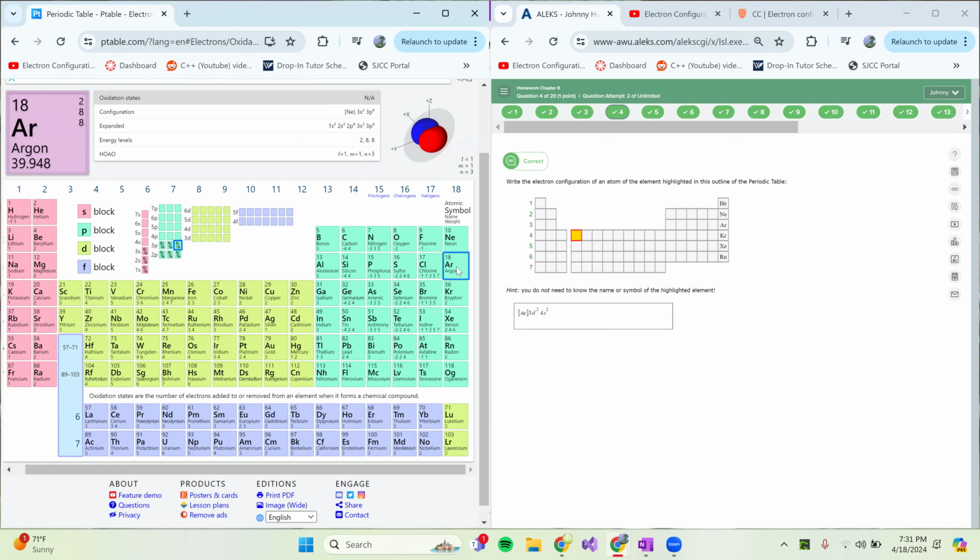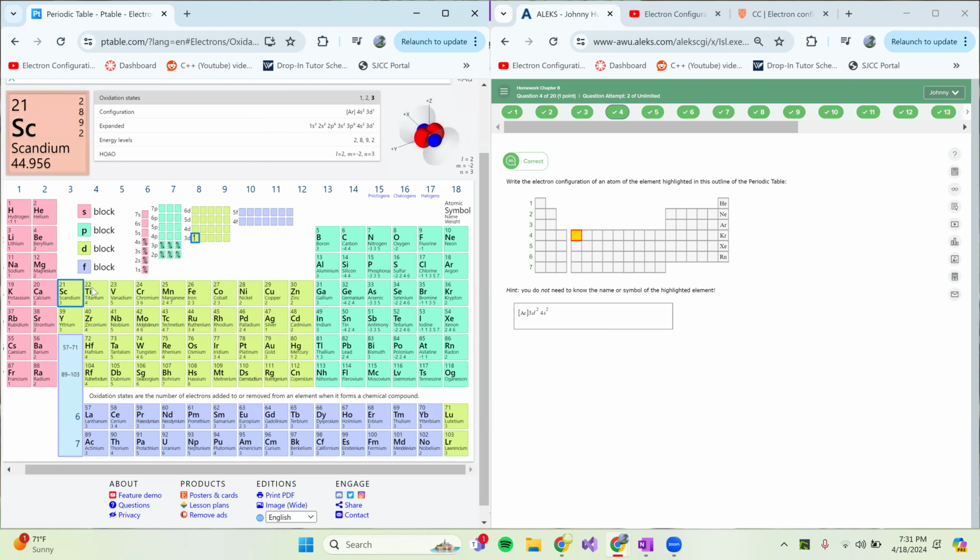Because you don't want to write the entire thing, from 1s to 2s and all that, you just write that noble gas core, and that takes the place of all of those 18 electrons. So from there, you go to that 19th electron. You know that it's going to start at 4s, as you see in that diagram. Then you fill out that 4s, and now you're going to go to 3d.